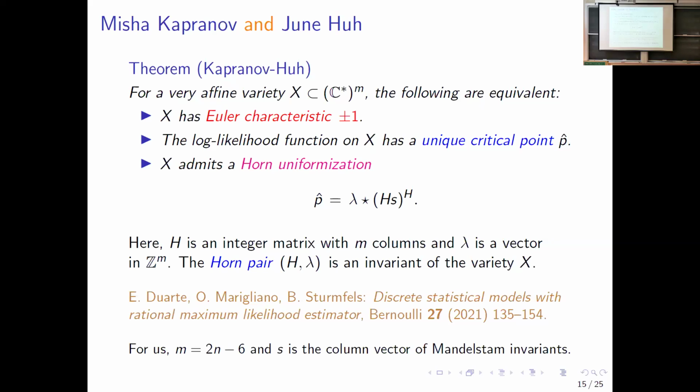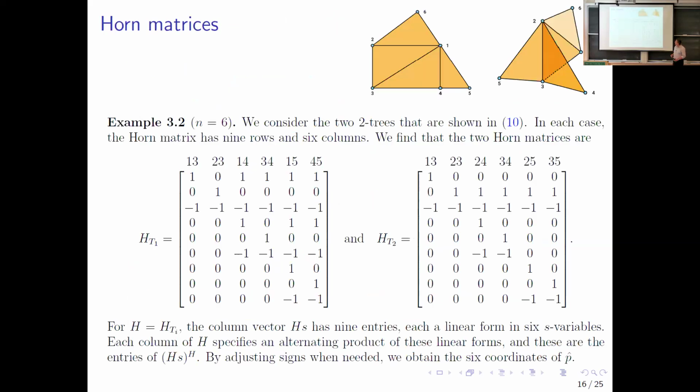So this is the Kapranov-Huh theorem, and algebraic statisticians by now know this quite well, but in the particle physics community, they hadn't seen this before. Now, just to make this very precise, here are the Horn matrices for our two examples. So there's the planar example.